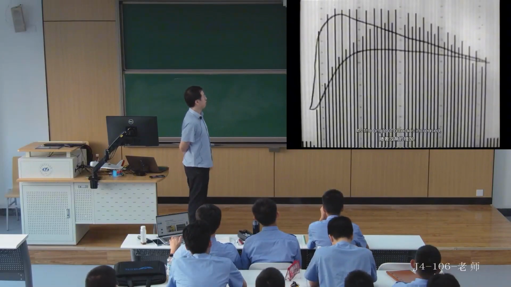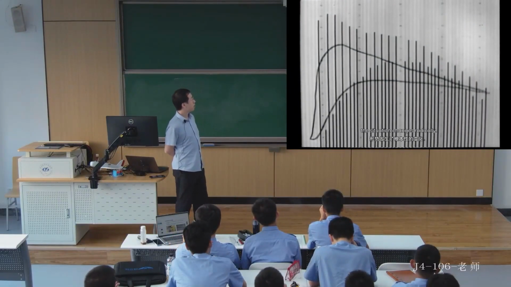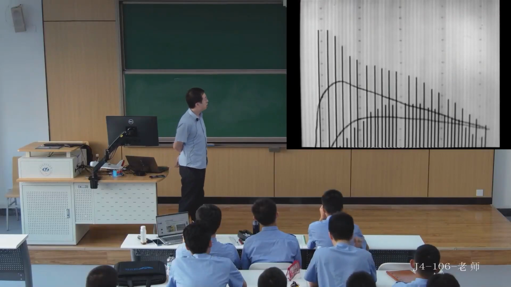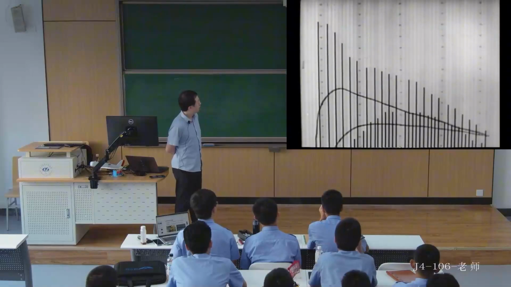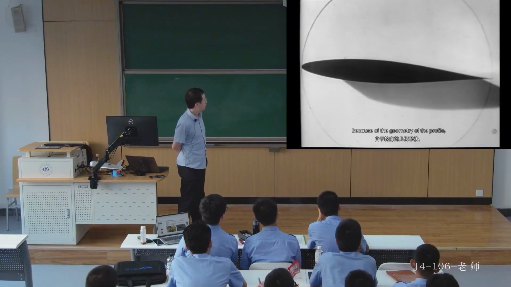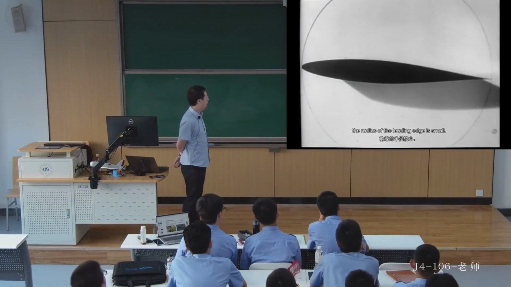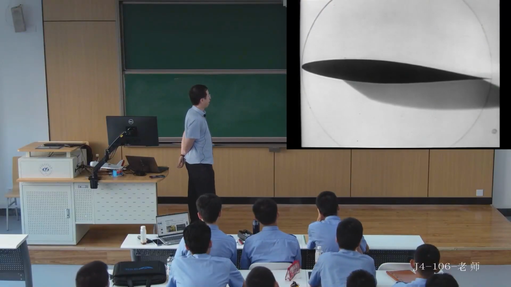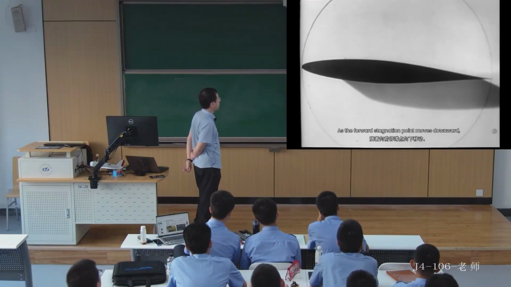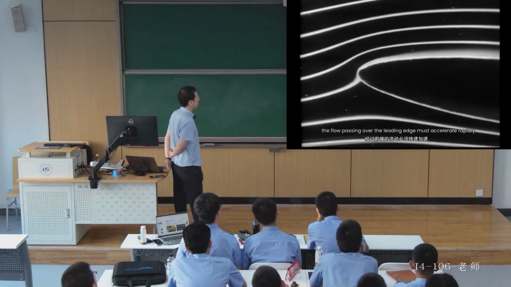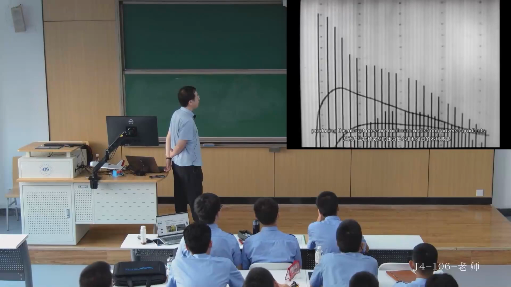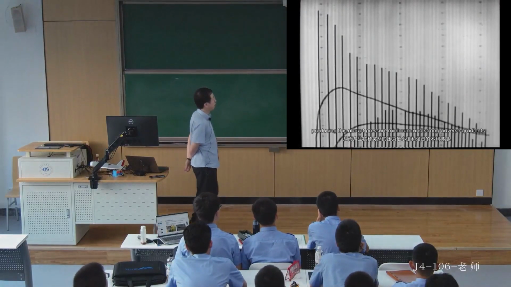Again, with the increase in angle, the situation changes. Due to the geometry of the profile, a small leading edge radius is formed. The airflow at the leading edge must quickly speed up, creating an abrupt pressure minimum and a strong adverse pressure gradient.